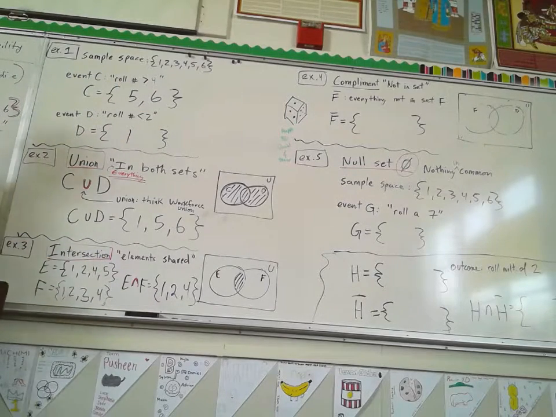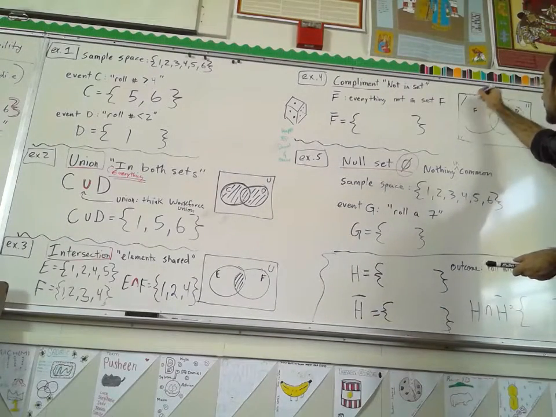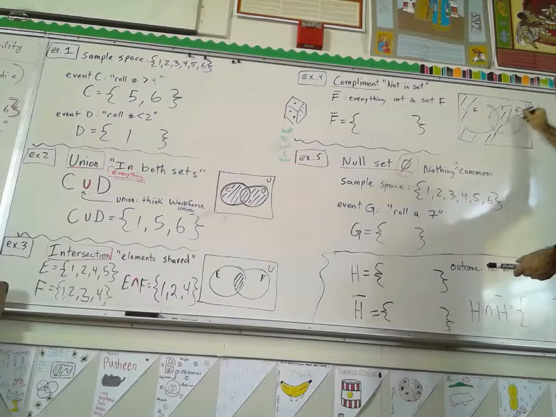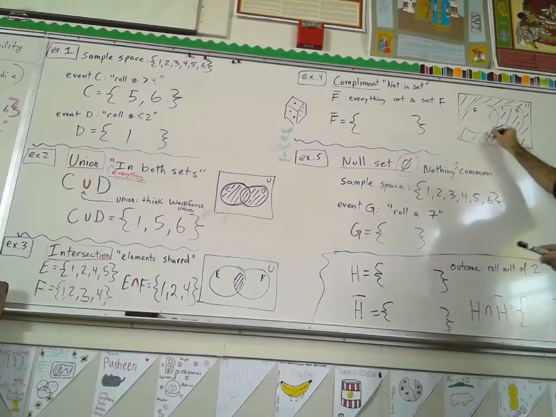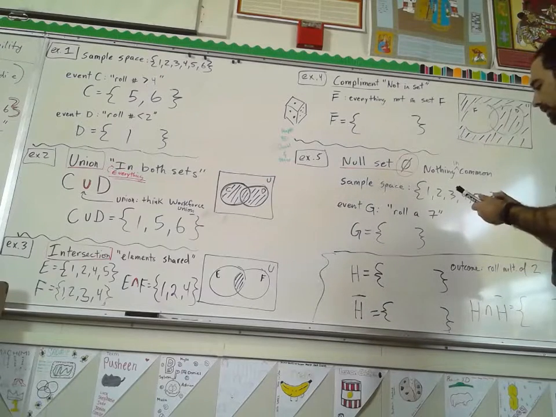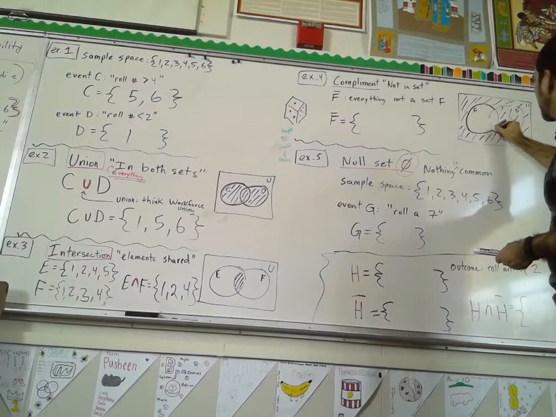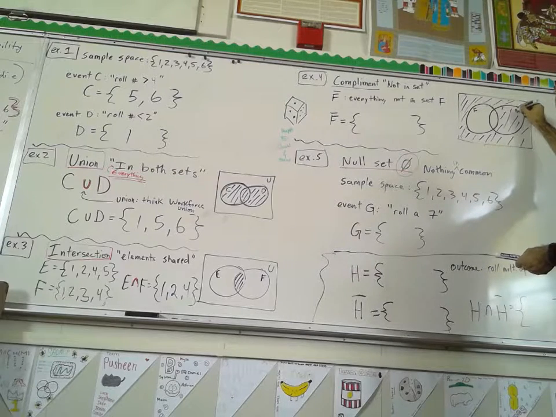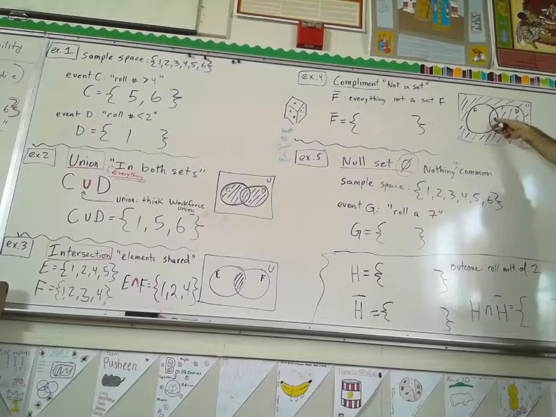And the way I'm going to mark this off on our diagram is basically everything that is not in F. So I just shaded everywhere, all around, but not in F. See? Even the parts that are shared with E are excluded because it's just everything not in F.